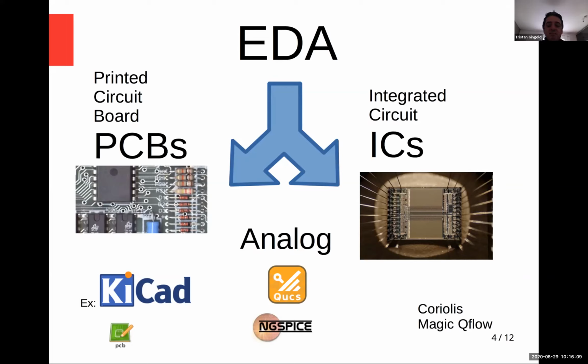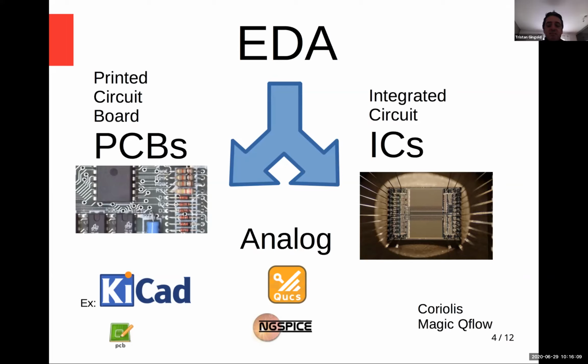For pure ASIC tools, in addition to the newly open world, we can name Coriolis, which is a place and route tool, and the Klayout and Magic tools.